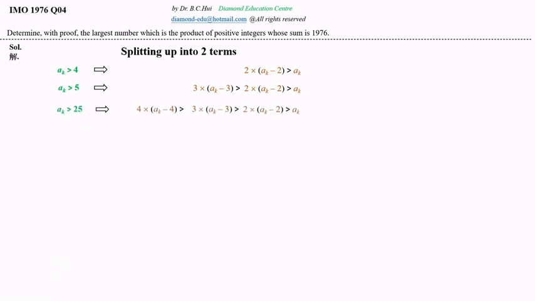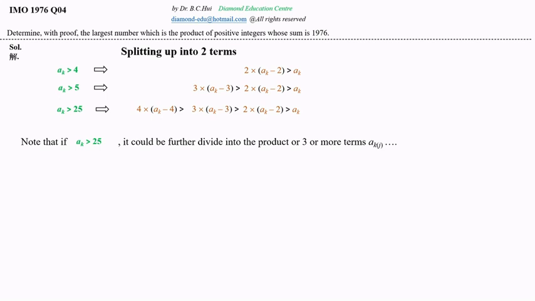If ak is larger than 25, by the same rule, we get 4 times (ak minus 4) larger than 3 times (ak minus 3). That means by replacing ak by 4 and ak minus 4, these two terms will get an even larger product. However, we may not divide this term into two terms.